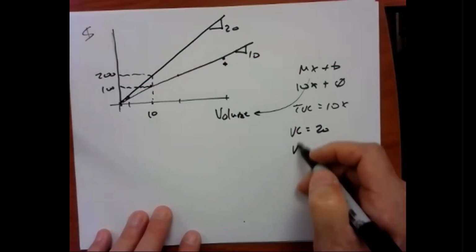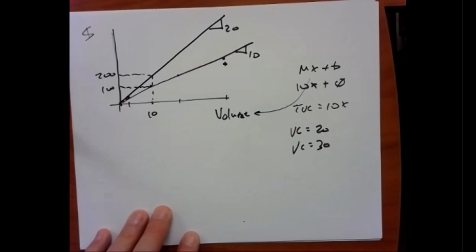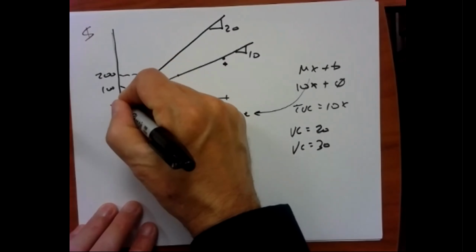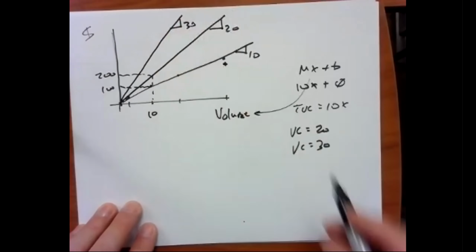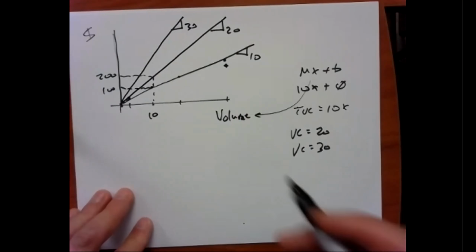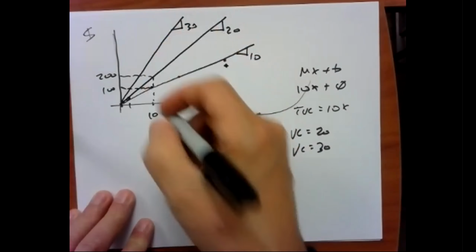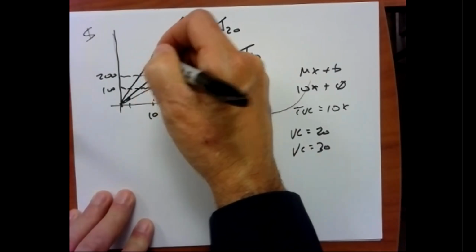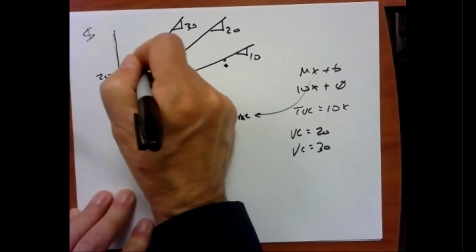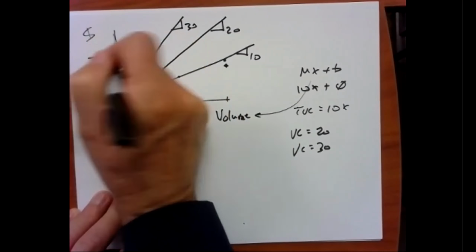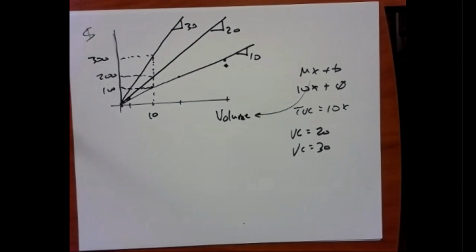If I had a slope of variable cost per unit of 30, even more steep, right? Going to be like this. And these are not to scale. But at a volume of 10, if I have a variable cost per unit of 30, I'm going to have total cost of 300.